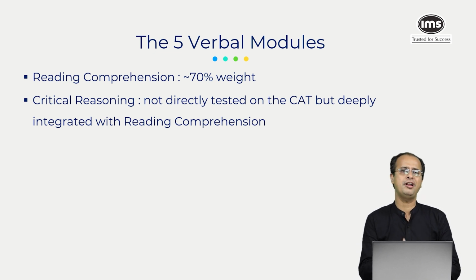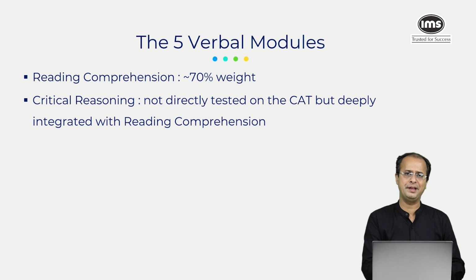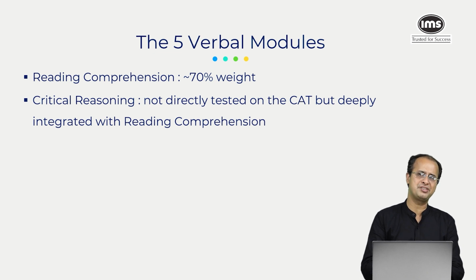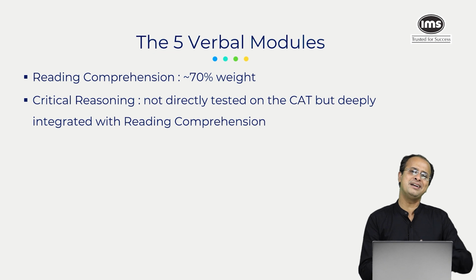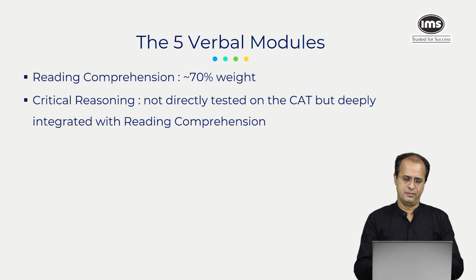That is, it may not appear as a standalone topic. But these critical reasoning questions are deeply integrated with the RC. For example, if you have an RC or a passage with 5 questions, maybe 2 or sometimes even 3 questions will actually be critical reasoning questions.